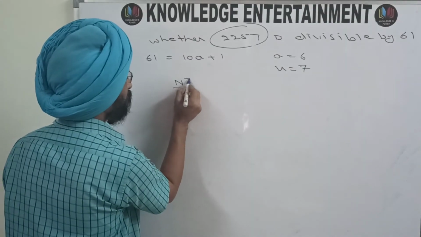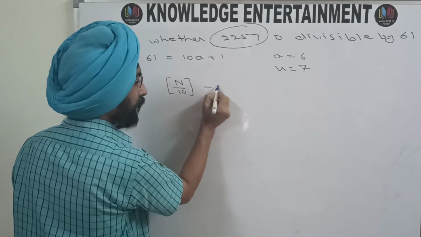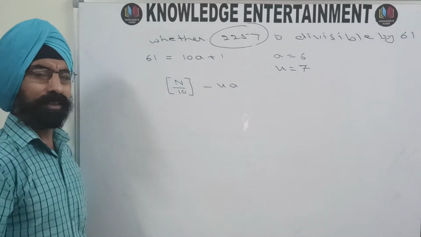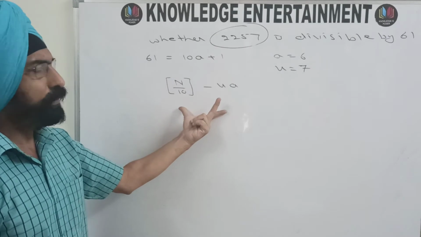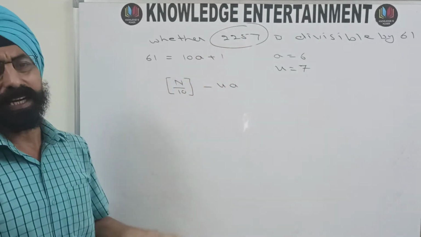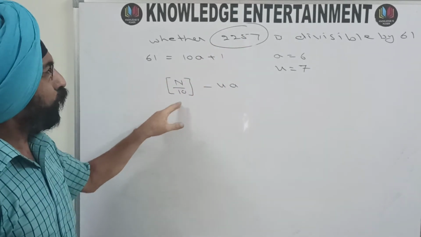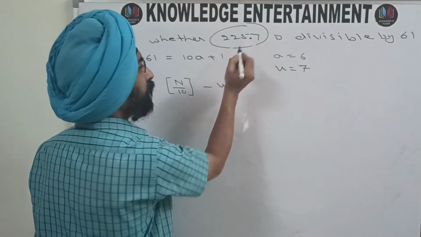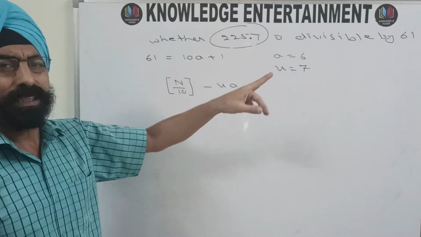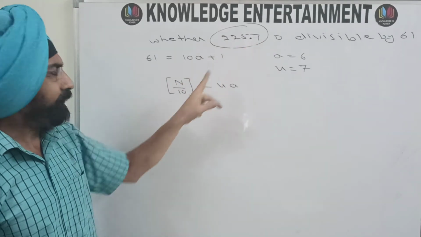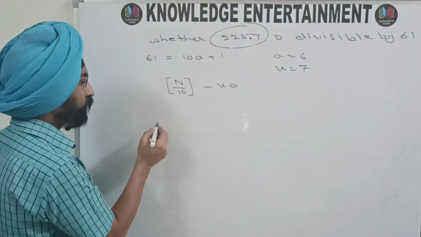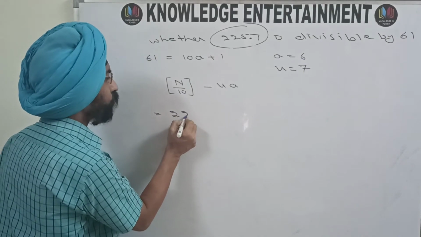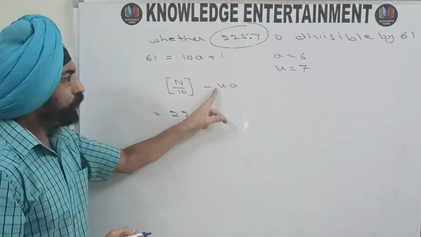Now you want to calculate this number, floor of n by 10 minus ua. Check if this number is divisible by 61, then this number will also be. Now n is 2257. You will divide it by 10, you will get a decimal, 225.7, and if you apply the greatest integer function, it will become 225 minus ua.